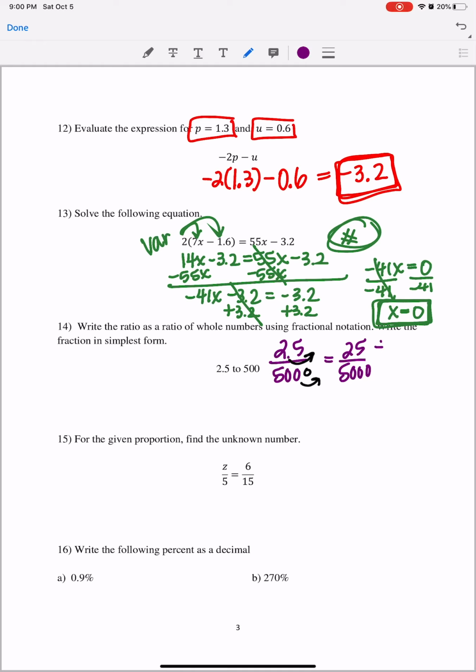I can divide both of those by 25. So 25 divided by 25 is 1, and 5,000 divided by 25 is 200.